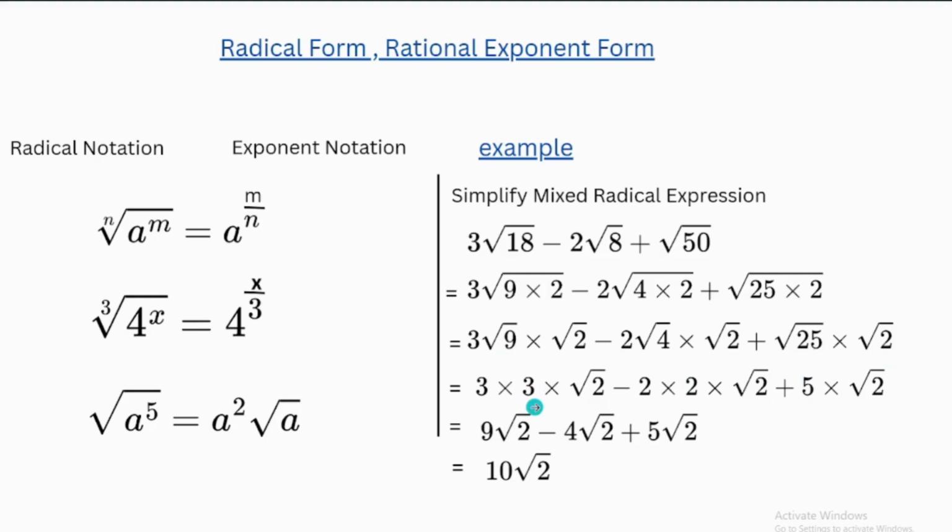Root 9 is 3, root 4 is 2, and root 25 is 5. We will multiply 3 times 3, it's 9 root 2, minus 4 root 2, plus 5 root 2. Now we can subtract or add the same radicals. 9 minus 4 plus 5 equals 10 root 2.